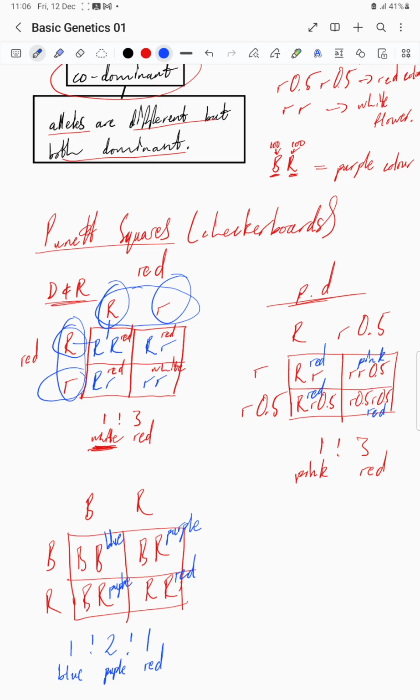For example, we can say the blue is 1 out of 4, which is 0.25. And so the probability of having a blue color is 0.25, and that of having a red color is 0.25 again, and that of having a purple color is 0.5. So this is what you'll be seeing.